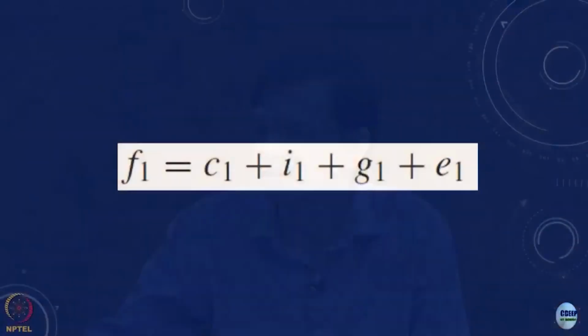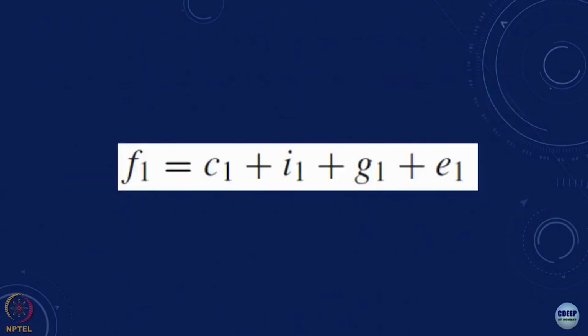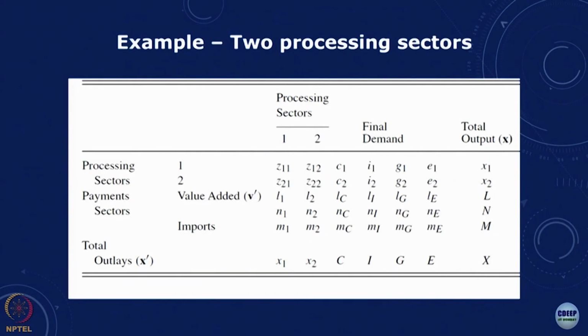So essentially, we would have the different sectors, the buying and selling sectors, and we also said that the final demand is a combination of the different sectors: the consumption, the government consumption, the exports. Then there are these payment sectors which we talk of, in the columns.